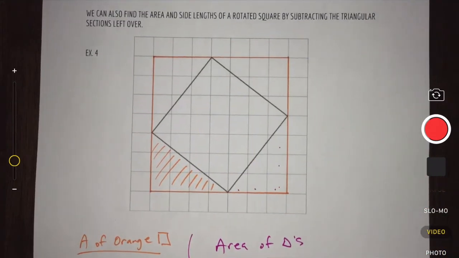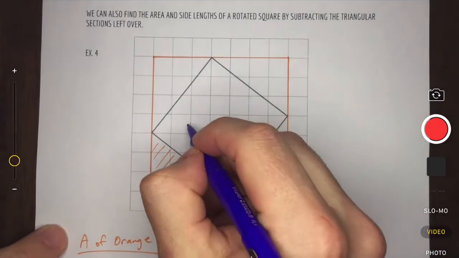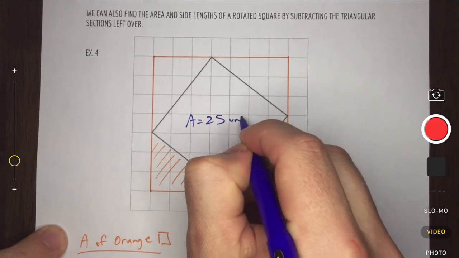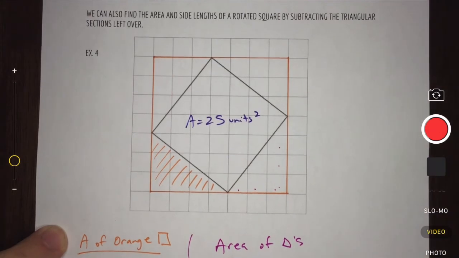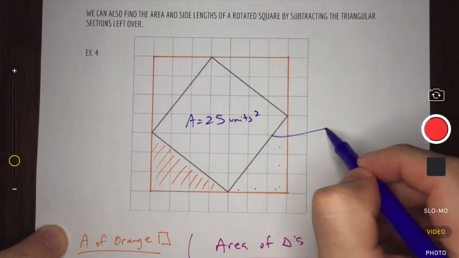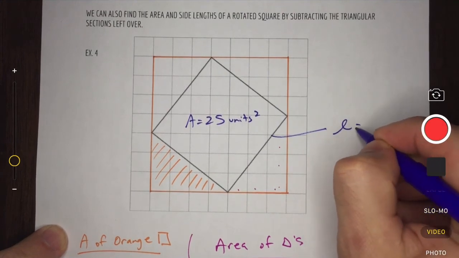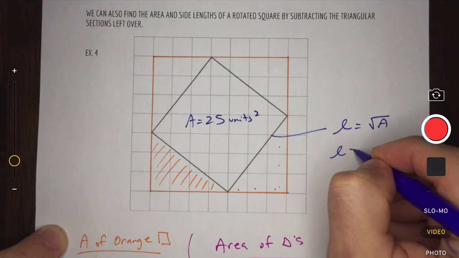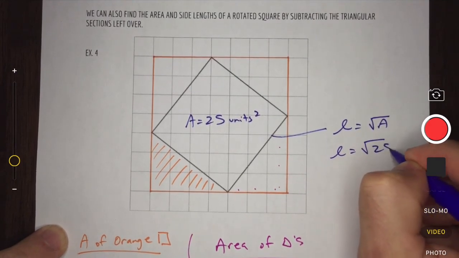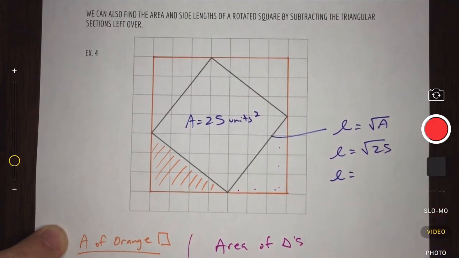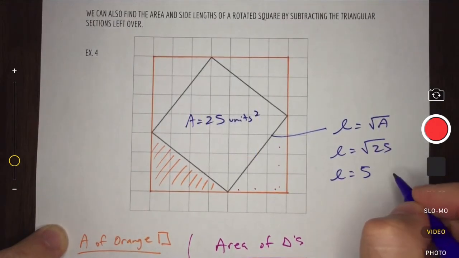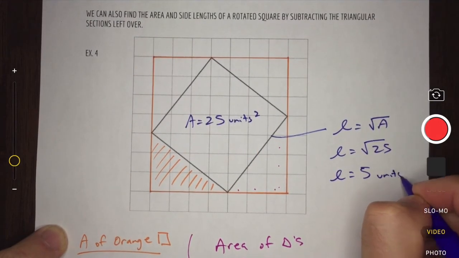So when I scoot back up here, I can say that the area of this here is 25 units squared. And in order to figure out the side length, we talked about this before, I can think length is equal to the square root of my area. So length is equal to the square root of 25. So the length of each of the sides of my rotated square is going to be 5 units.